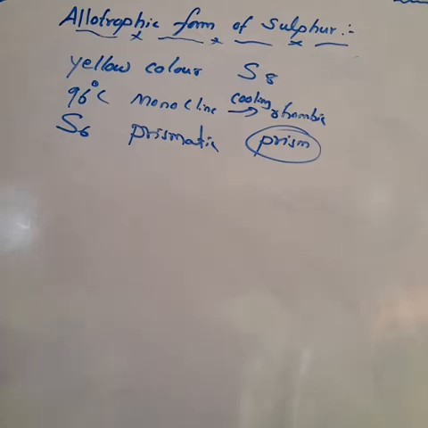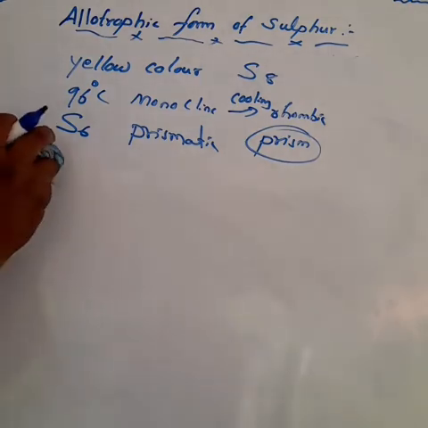It exists as long needle-like prisms, so it is called prismatic sulfur. It is stable between 96 degrees Celsius and 119 degrees Celsius, and it slowly changes into rhombic sulfur.